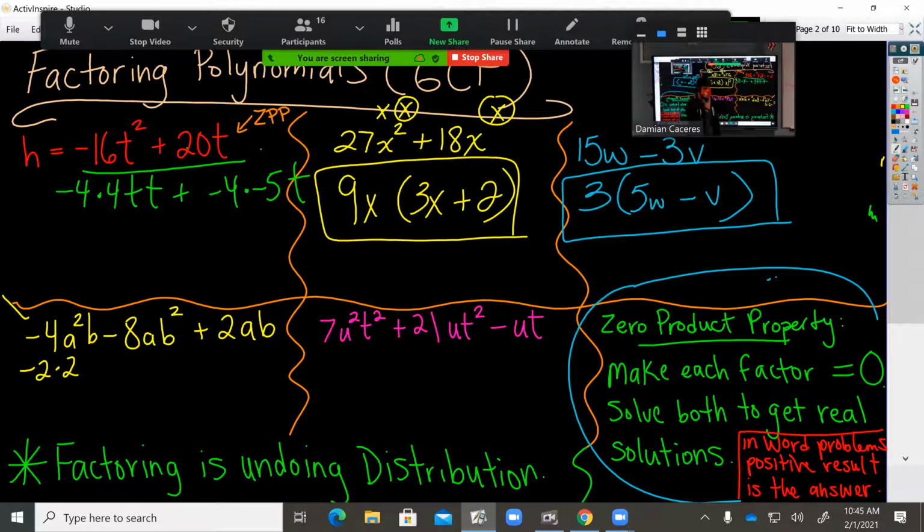Positive 2. And it says a squared b, which would mean 2 a's and a b. Now we do negative 2 times 4, because that's what gives you negative 8. 1a, 2 b's. And now we have negative 2 times negative 1, because that's a positive 2, ab.